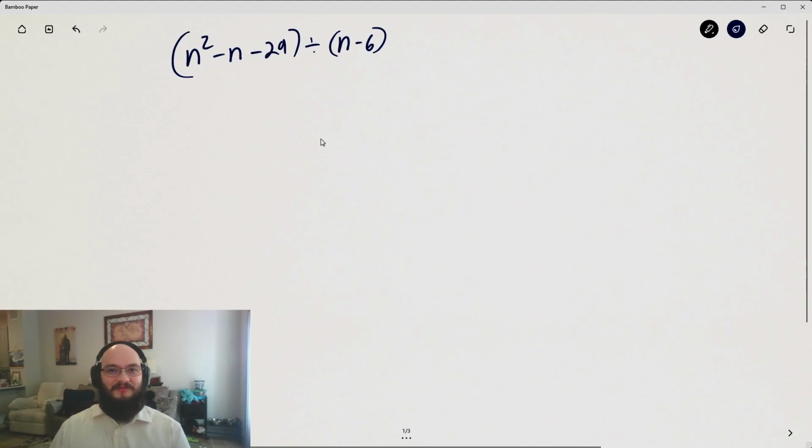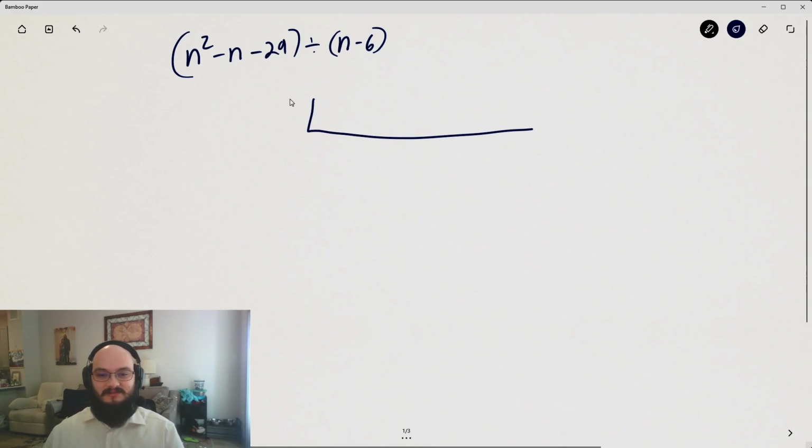Let's take a look at another example. In this case, we once again have our variable raised to the first power, so we can use our synthetic division. Let's set up this little box. Our root, in other words, what makes this equal to 0, is a +6. And let's write out our coefficients. We have a +1, a -1, and a -29. First step, as always, is dropping down the 1. Multiply 6 times 1 to make 6. Add these together. -1 plus 6 is 5.